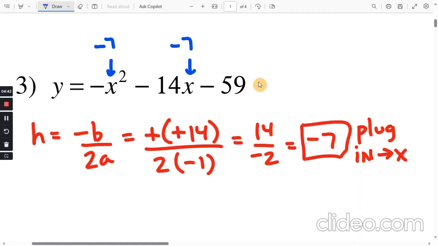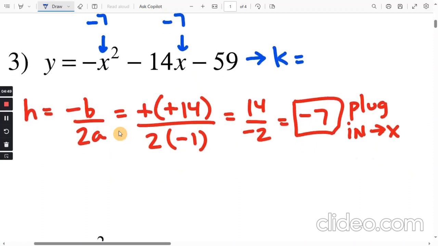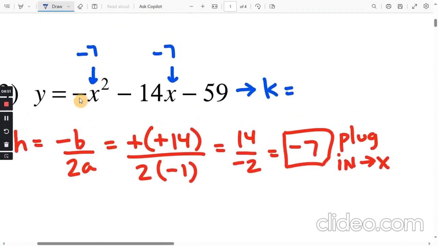Now we're solving for k. Make sure you use parentheses. This negative sign is not squared, so write the negative sign first. And then x squared is going to be negative 7 squared with parentheses. So this negative sign we wrote, and this negative 7 goes in parentheses, and it's squared.